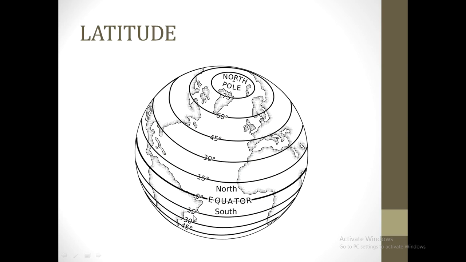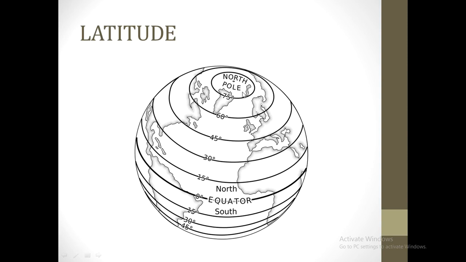The latitudes that lie in the northern hemisphere are called northern latitudes, and those that lie in the southern hemisphere are called southern latitudes. The latitude values range from 0 to 90 degrees north and south. There is no latitude less than 0 degrees nor greater than 90 degrees.